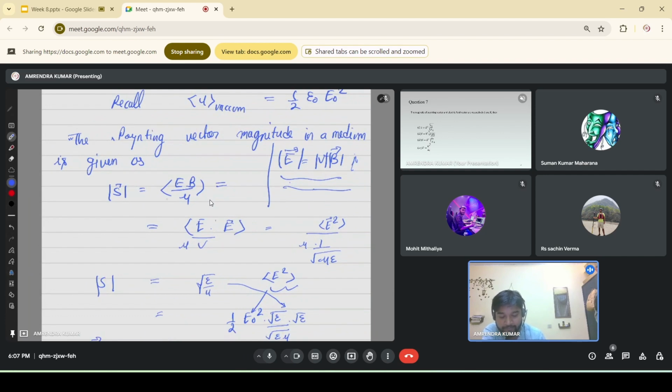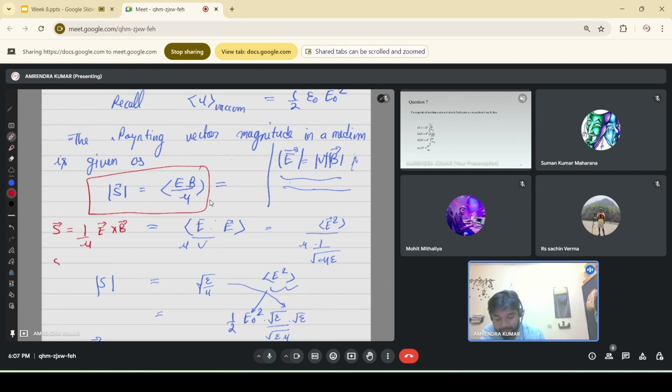This is the relation between the Poynting vector and the electric field and the magnetic field in a medium. The S vector definition was E cross B, right?